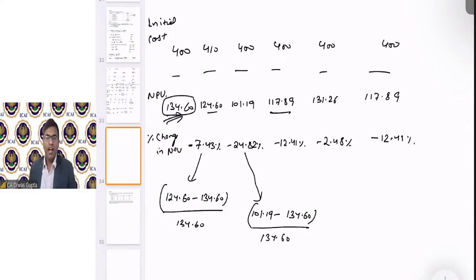We have to understand which variable has the highest impact when adjusted. Because the last part of the question also says that for a 2.5% adverse movement in a variable, please tell us which variable has the impact of moving NPV the highest, which is very evident here, right? 24.82.